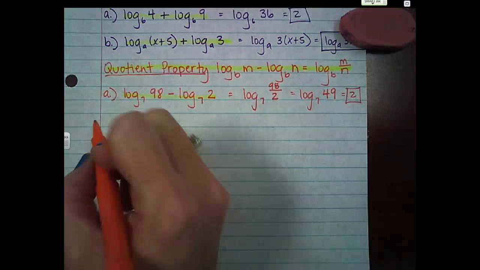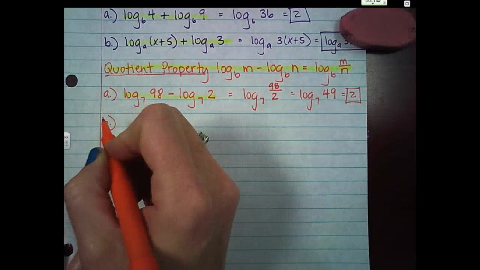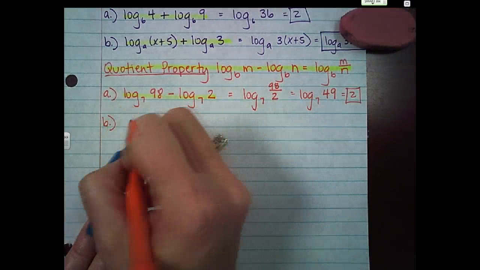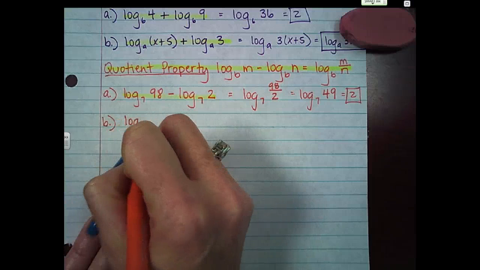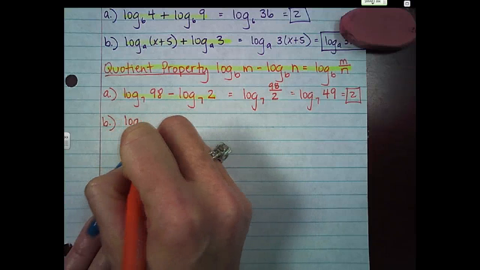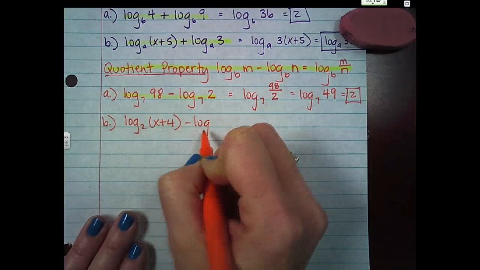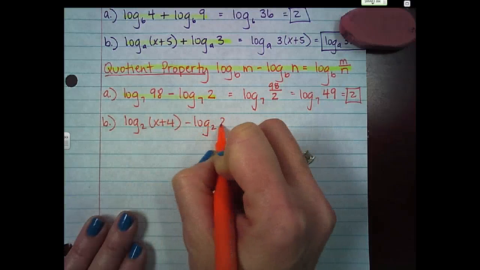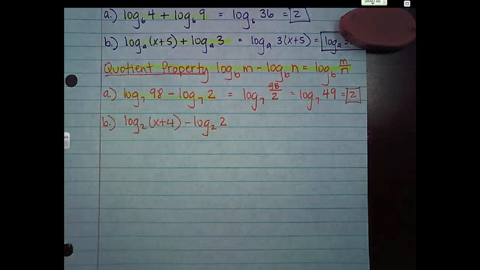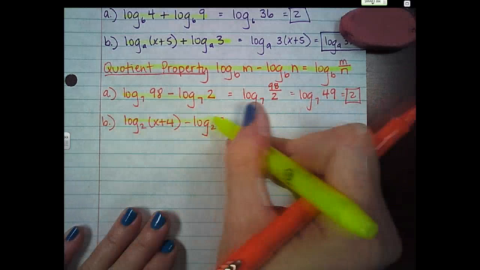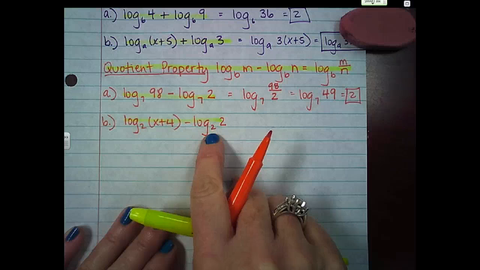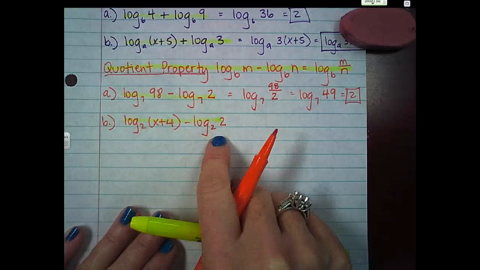Let's try another one. We'll do one that's not quite as pretty again. Log base 2 of x plus 4 minus log base 2 of 2. We can find the answer of the second log. This answer right here is just 1. To get from 2 to 2, you use 1 as the exponent.